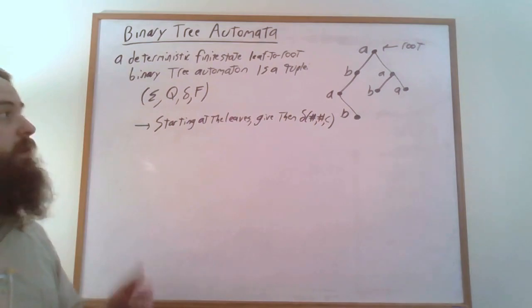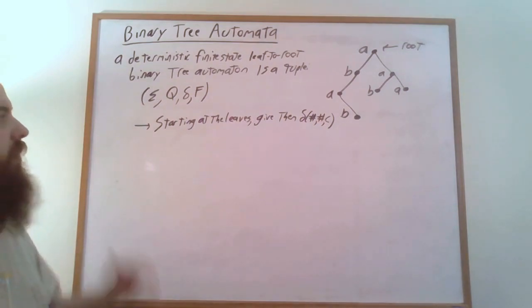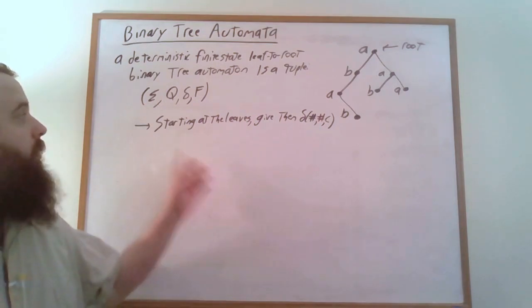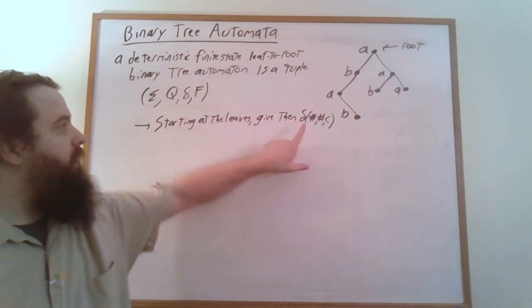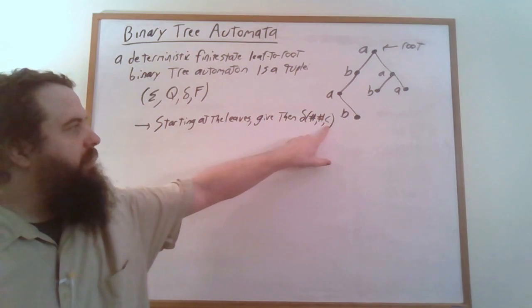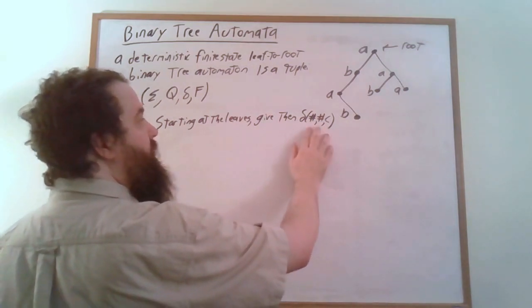Again, we're going to want to associate states to all of the nodes of this tree, starting at the leaves. And we're going to start off by looking up what states to associate to the leaves by calculating delta of octothorpe, octothorpe, C. So delta, the transition function, is going to take in three inputs.